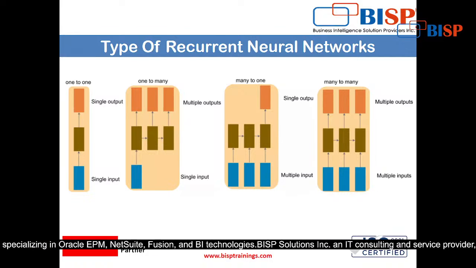For example, if I feed 4 images of one person and the machine gives the name of that person, that is many to one. Then many to many: here there are many inputs, many outputs, and many hidden layers.